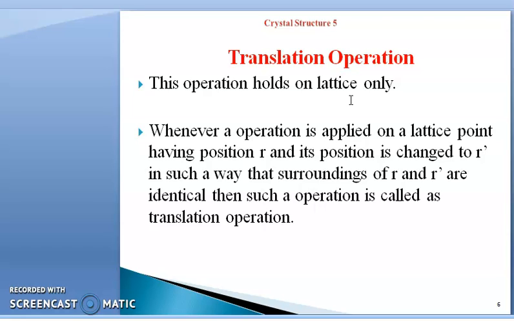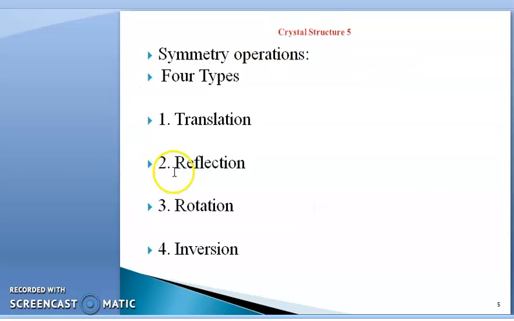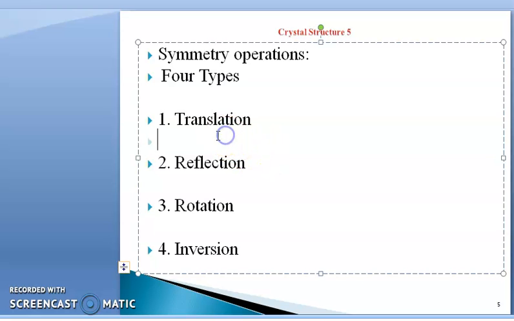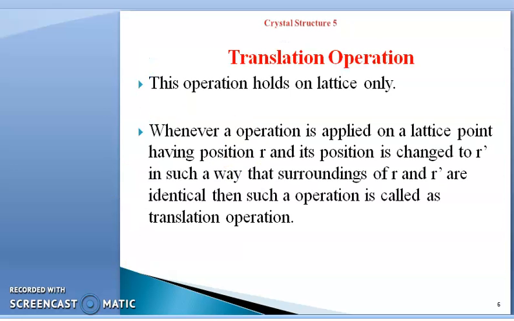Strictly, you remember. And the remaining 3 operations, what are those? Reflection, rotation and inversion. These are applicable on any object, any solid, any crystal. But in case of translation operation, this holds on a lattice only. Clear cut, this point you remember. Now, what is translation operation?